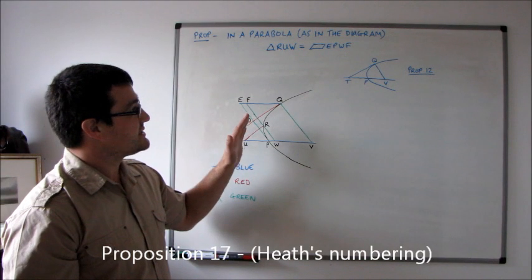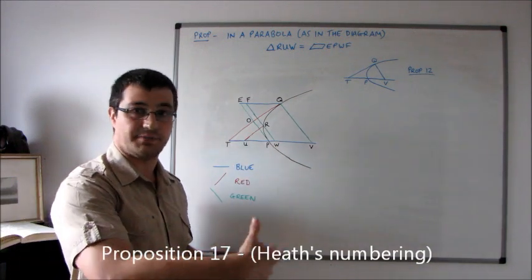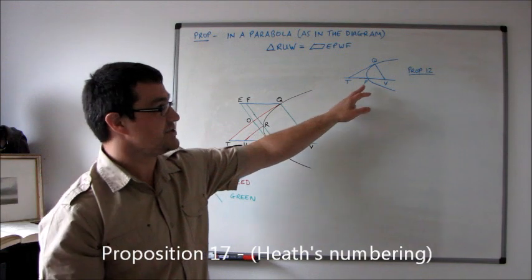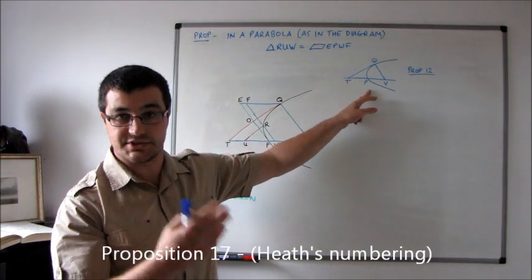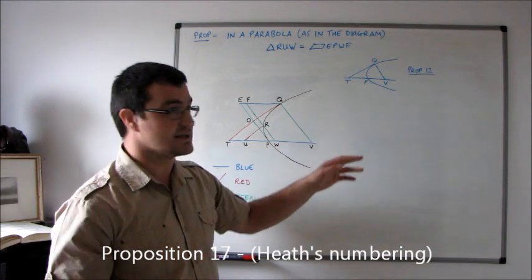In proving this particular proposition, and actually in the propositions that follow, I'm going to be assuming this proposition, which is proposition 12 from Heath's work. I'm not going to prove this, we're going to take it as given.